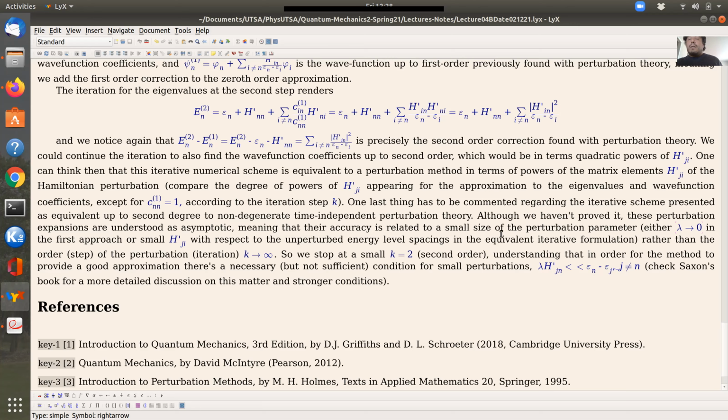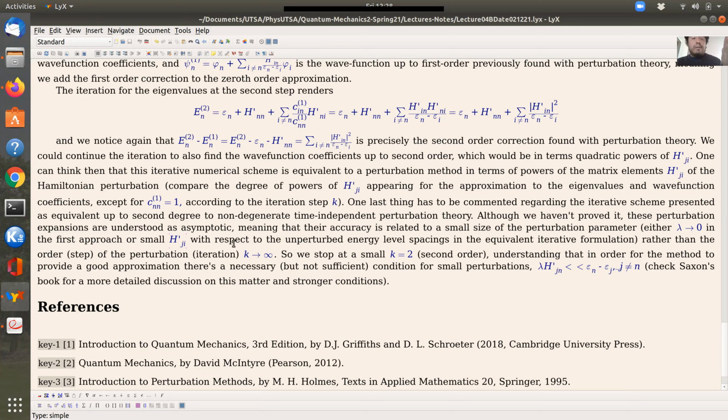And well, what is the perturbation parameter to be small? So either lambda goes to 0 in the limit or small matrix coefficients. If you have the lambda multiplying h prime, then that means that the product lambda h prime has to be small by itself. And these are two different avenues under which you can attain that, right?